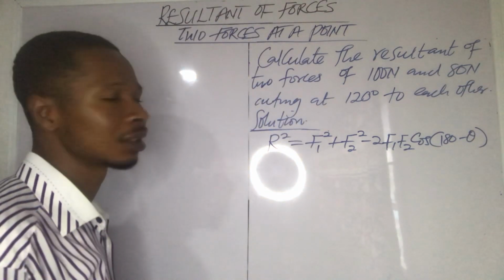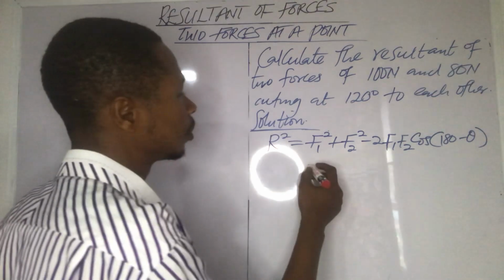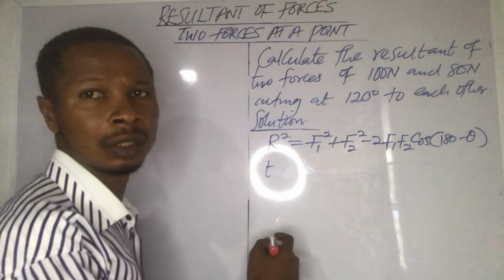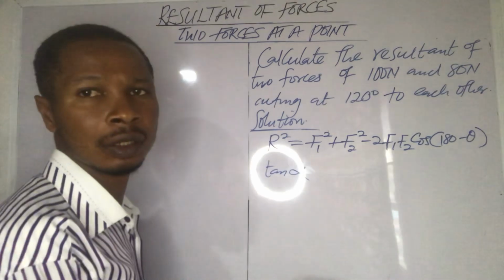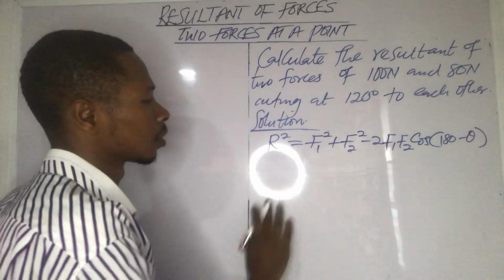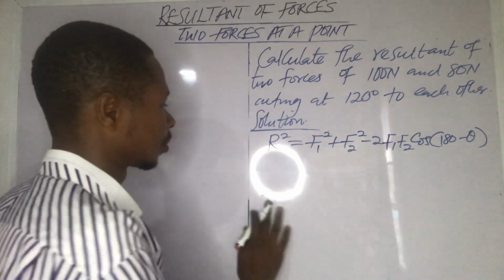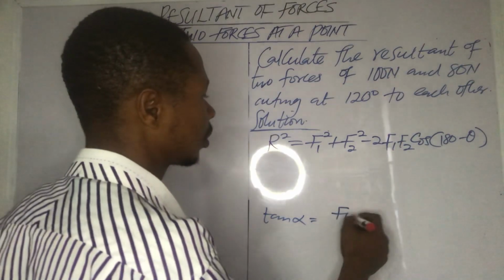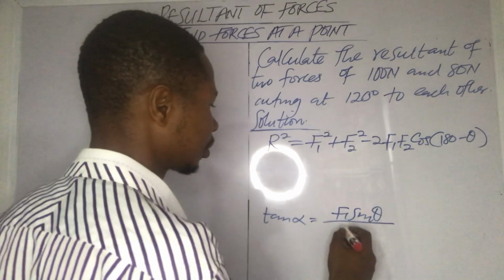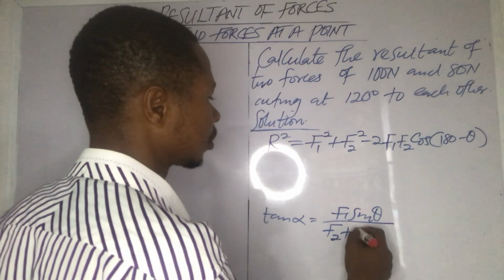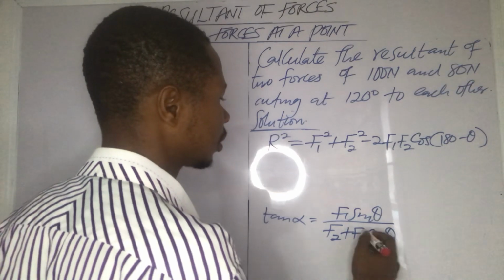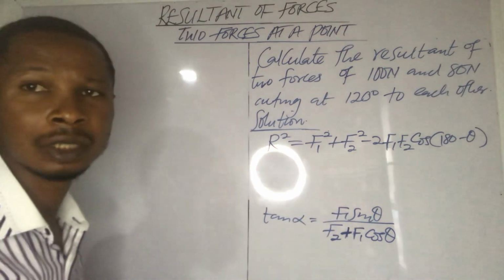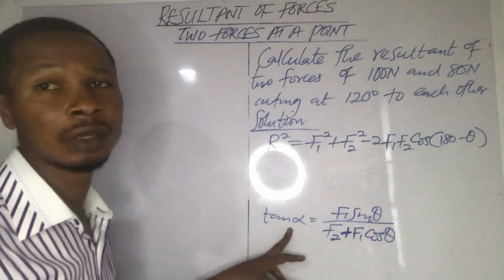And to find the resultant in direction, you use tan alpha is equal to F1 sin theta over F2 plus F1 cos theta. This is the formula for calculating resultant in magnitude, and this is to calculate resultant in direction.